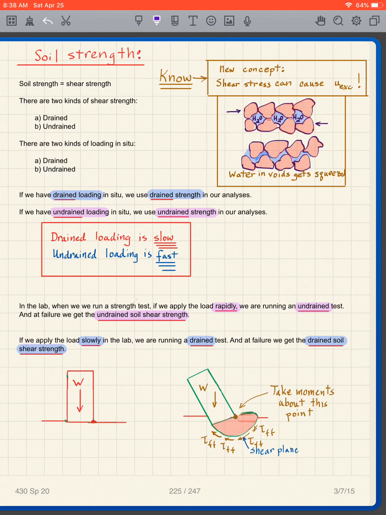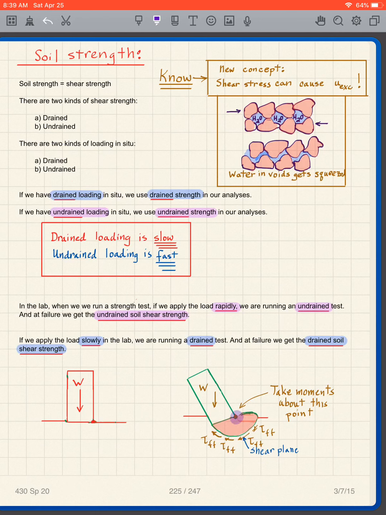Now, why are we interested in the soil shear strength? Well, for instance, for a structure, we build our structure like this. If the soil is not strong enough, then we end up with this situation. Literally, the building can tip over. And what we get is a shear plane at the base. So in other words, we have shearing resistance of the soil, and we can get a failure.